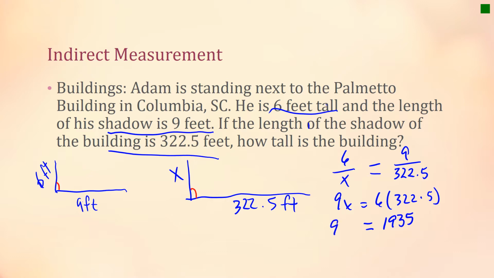And over here on the left, I've got 9x. We're going to divide both sides by 9, and x equals 215. And we can determine using indirect measurements that this building must be 215 feet tall.